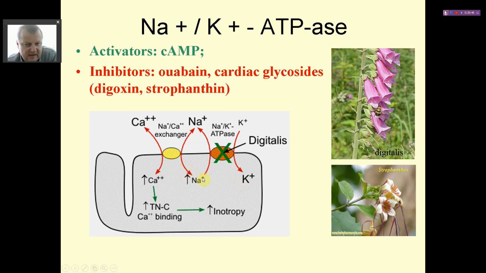That provides the increasing of the calcium concentration in the myocardial cell, and this calcium binds with the troponin C. This is the protein of the contractility, and this binding provides the so-called inotropic effect.